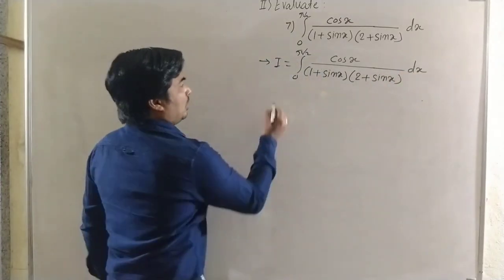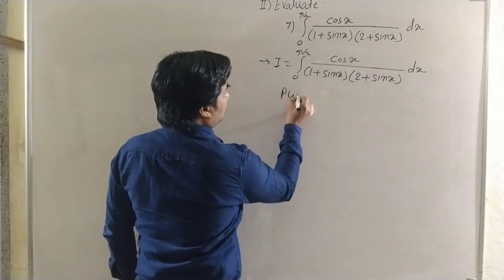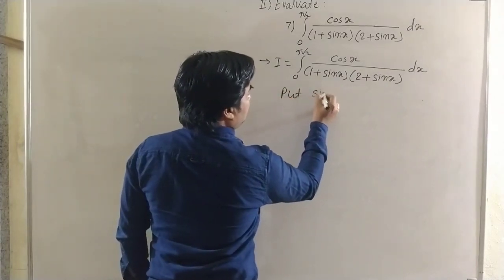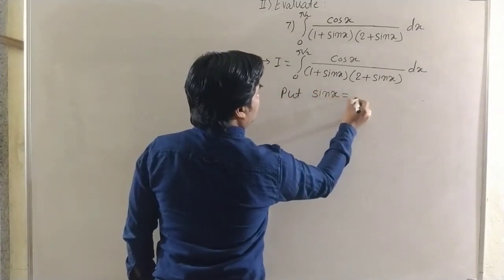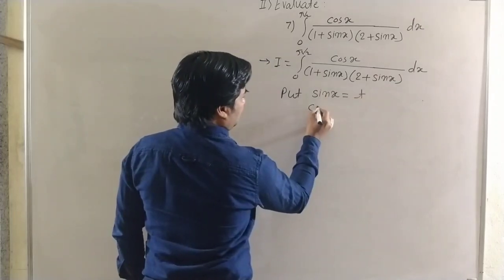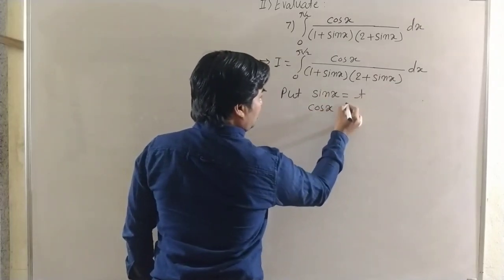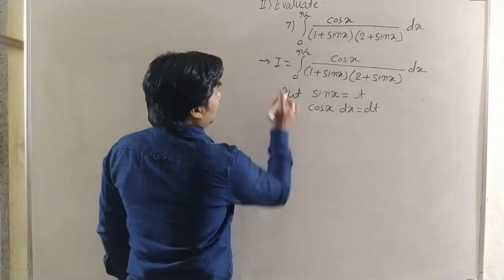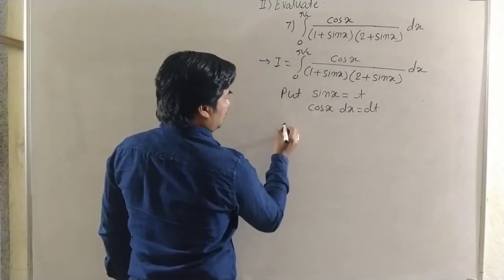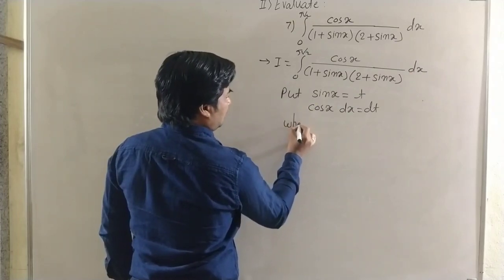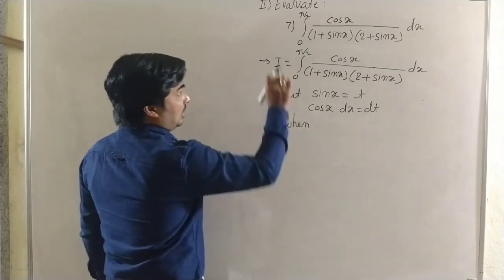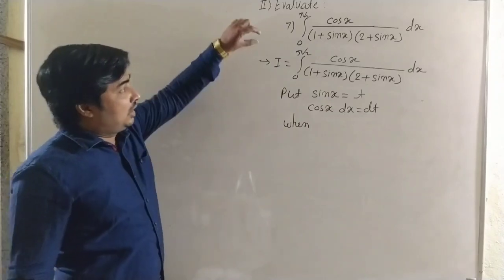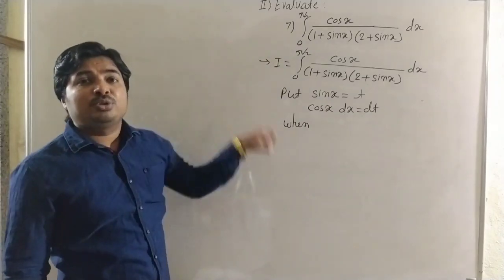Okay, here put sin x is equal to t, therefore cos x dx is equal to dt. Here it is a definite integral and a substitution, so change the limit. It is an important step to solve the definite integral by using the substitution.